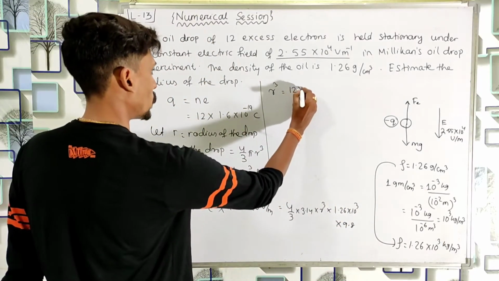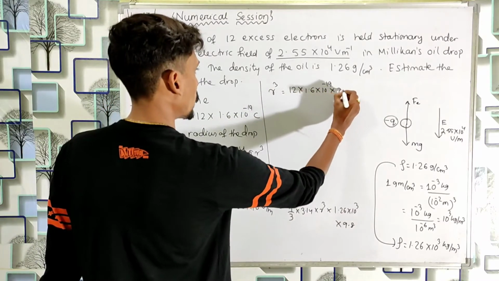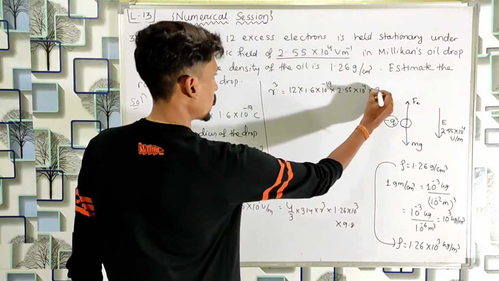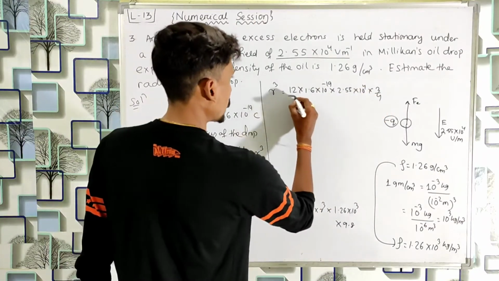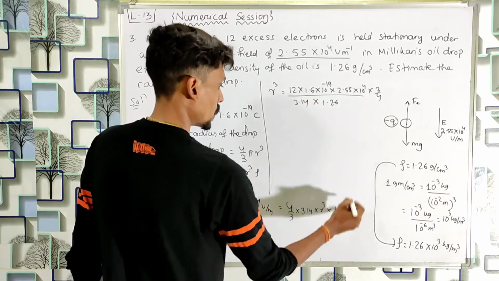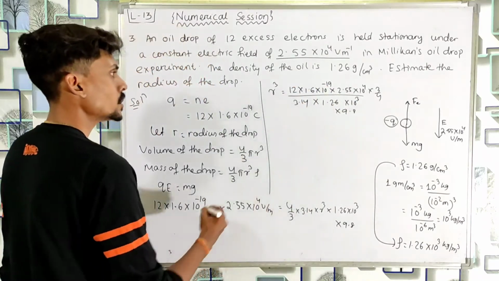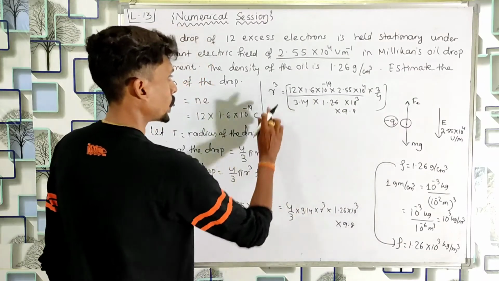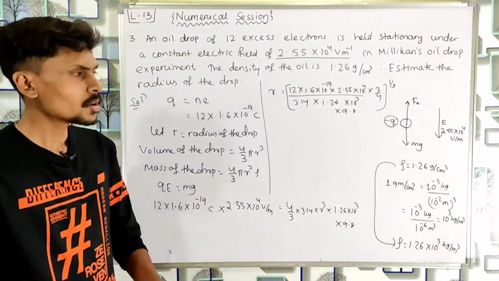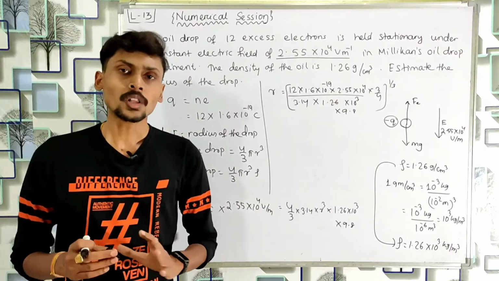So we'll get 12 into 1.6 into 10 to the power minus 19 coulomb into 2.55 into 10 to the power 4, then into 3/4, and in the denominator you have 3.14 into 1.26 into 10 to the power 3 into 9.8. So this is the value of R to the power 3. Then R will be equal to this much whole to the power 1/3. Now you can simplify this expression to calculate the radius. So in this way you can solve this question.